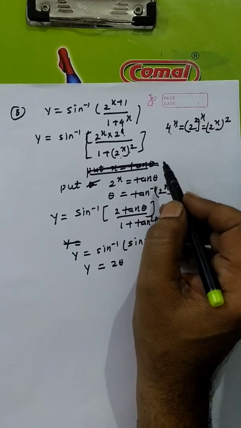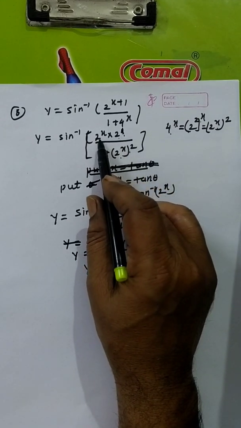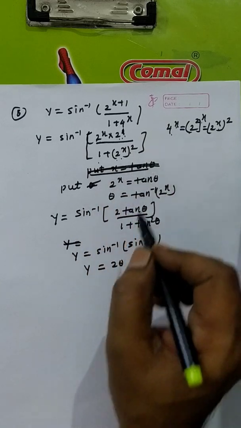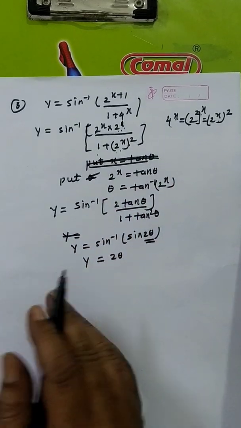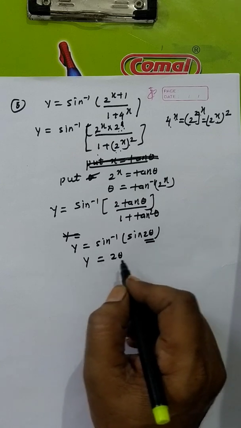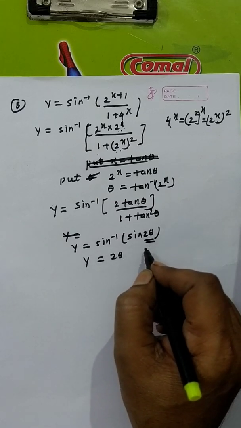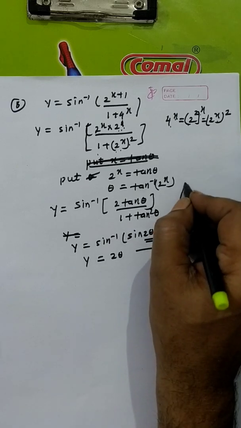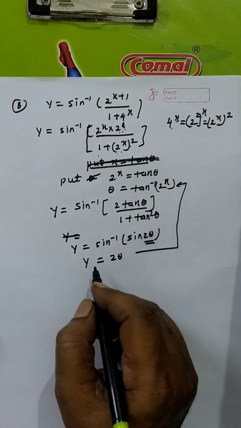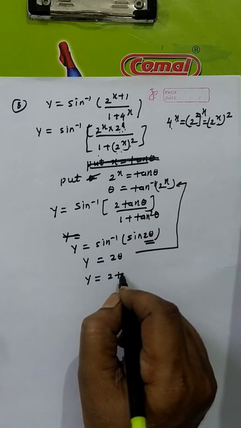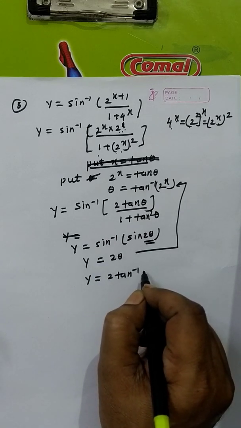This becomes sine inverse of 2 tan theta divided by 1 plus tan square theta, which is sine 2 theta. Now, what is the value of theta? Theta is tan inverse of 2 raised to x. So y is equal to 2 times tan inverse of 2 raised to x.